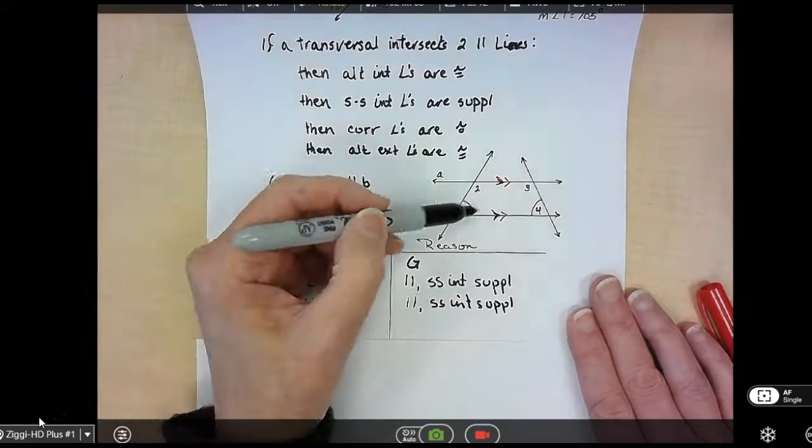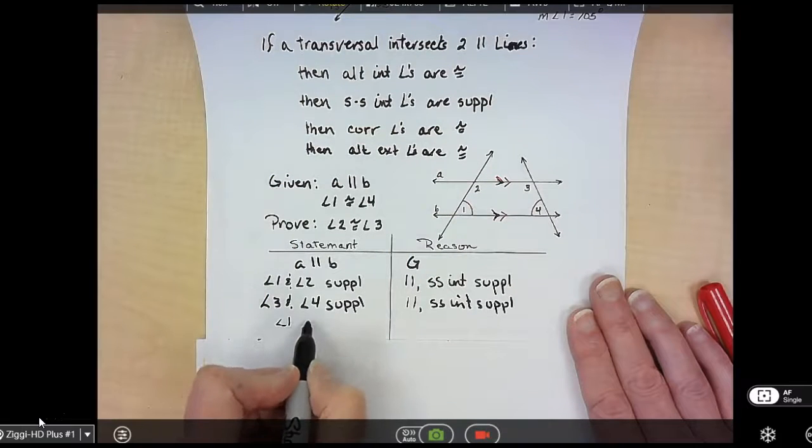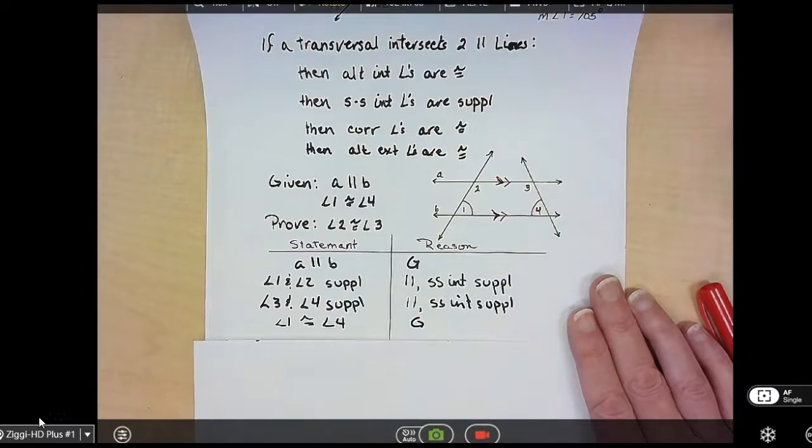Okay, so now I've talked about everything that the parallel lines have given me, so now I write down angle 1 is congruent to angle 4, given.